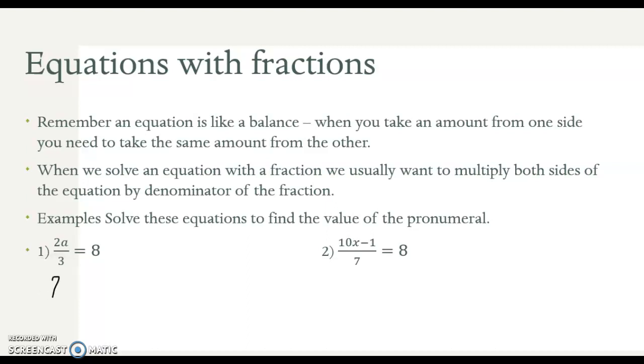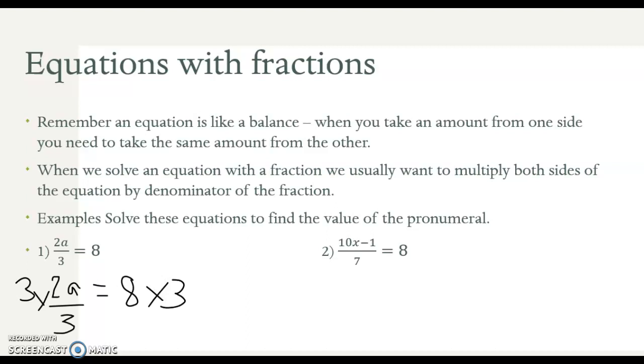So if we take 2a over 3, we're multiplying that side by 3. Whatever we do to one side, we're doing the same to the other.